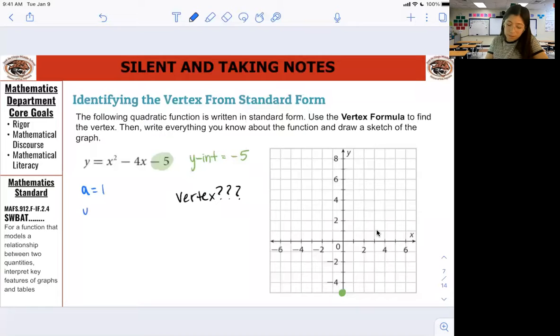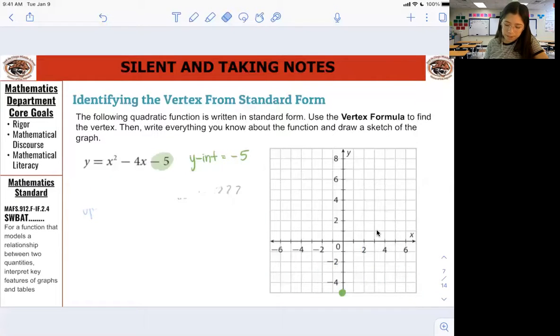It's facing upward, but it could be anywhere. It could be here. It could be here. It could be like this. I have no idea. Without the vertex, I don't know where the graph actually is. So we're going to learn real quick how to figure out the vertex if all you have is standard form.